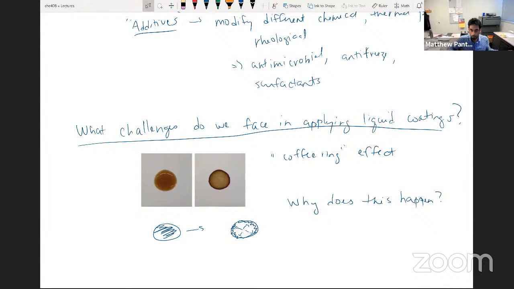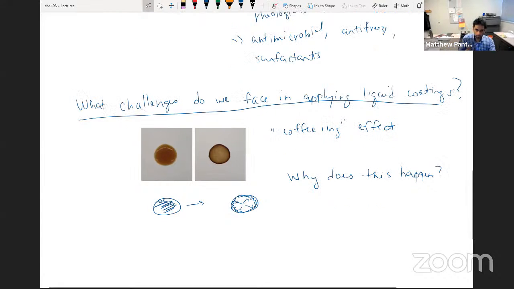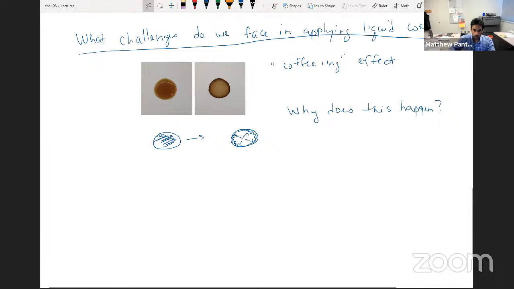Right, so that's one type of problem. Before we talked about this Marangoni effect, and we applied that to bubbles.